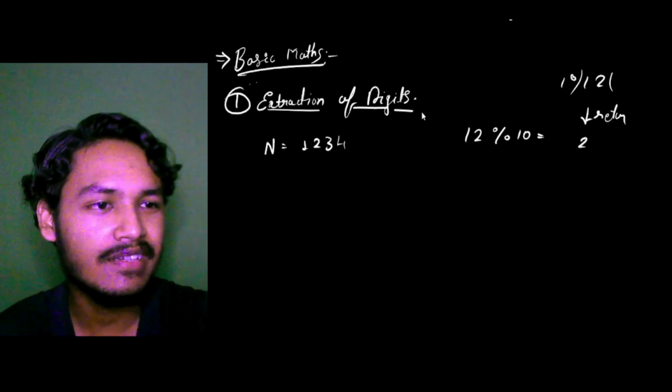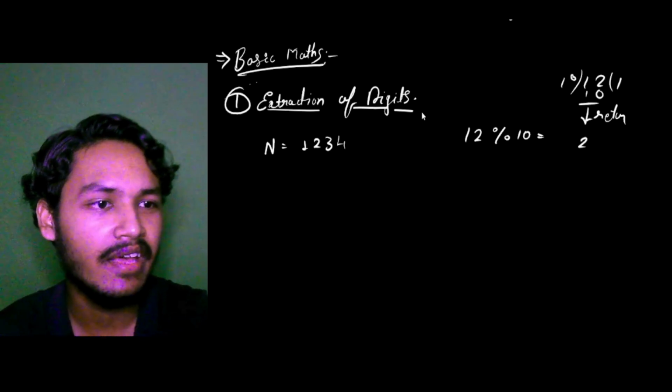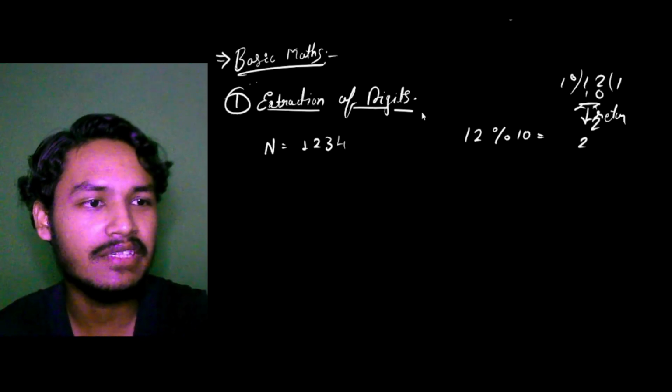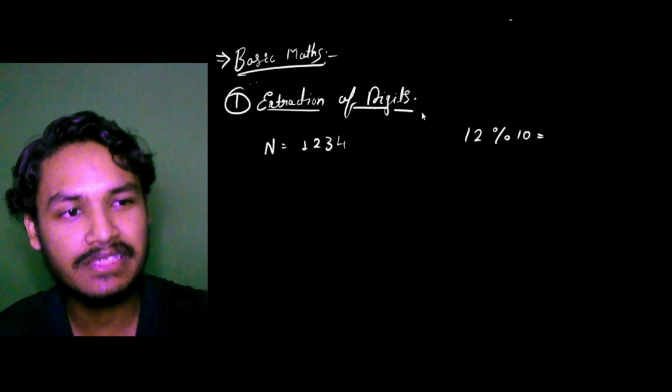You can see here, 10 ones are 10 and the remainder is 2. All right, so it will give you the remainder as the answer.